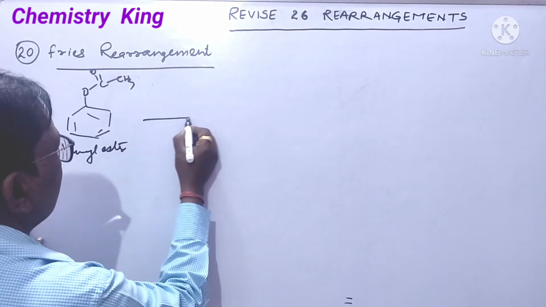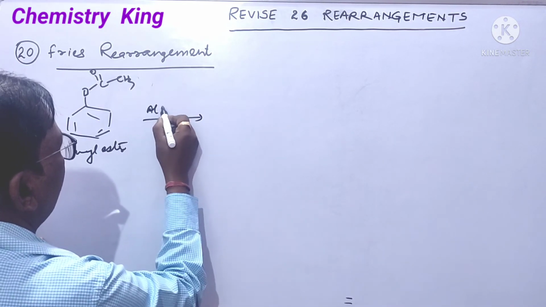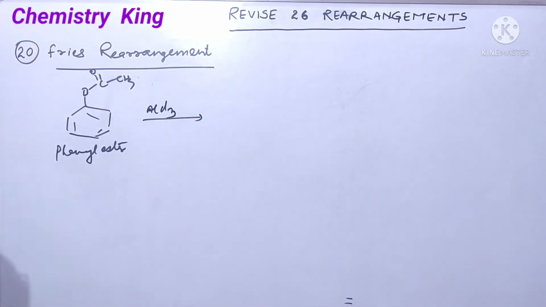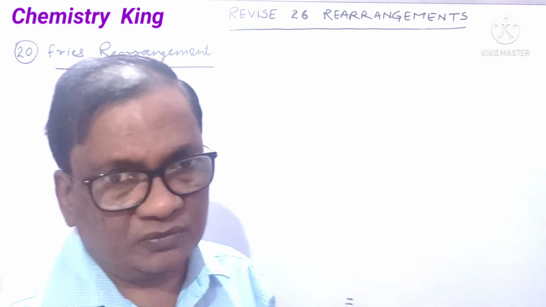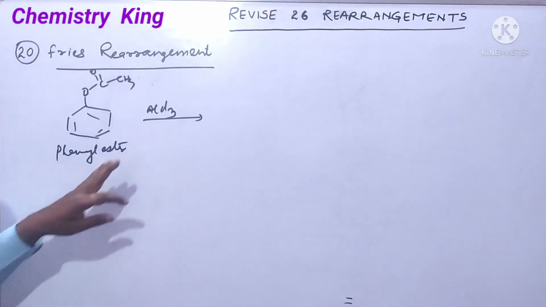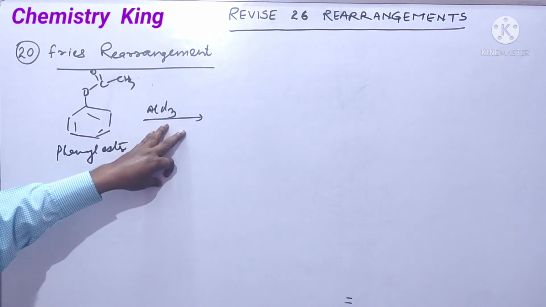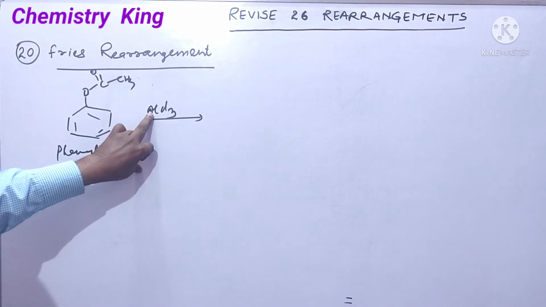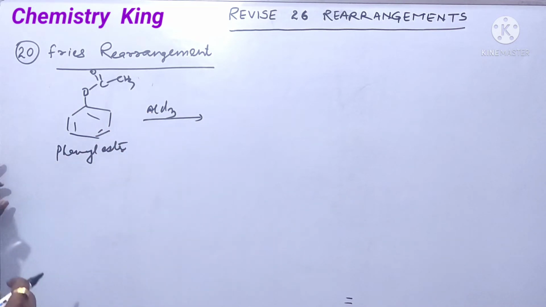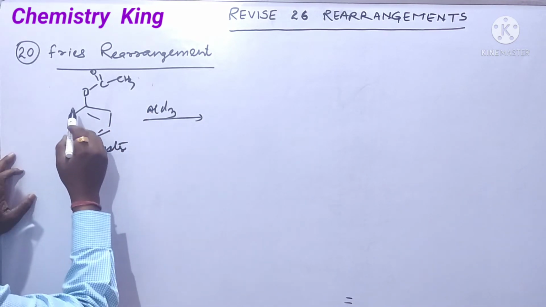When phenyl ester is heated with anhydrous aluminum chloride, you will get ortho-hydroxyacetophenone and para-hydroxyacetophenone. Let us see its mechanism. Aluminum chloride is an electron deficient compound, with a sextet in the outermost orbit of aluminum, so it is a Lewis acid.